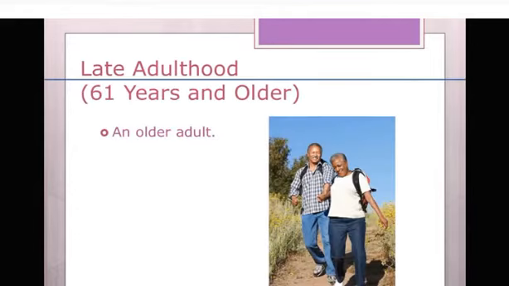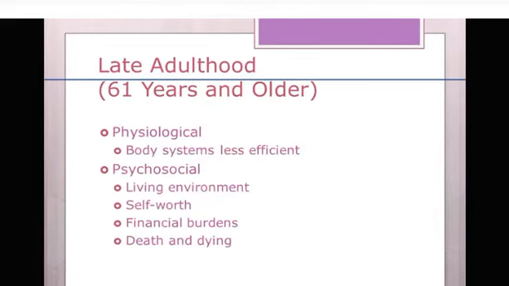These look like very young and healthy late adults. We're not all so blessed to be like this. Our body systems start to be less efficient. Our lungs don't expand quite like they used to. Our muscles are a little weak. Our discs in our spine are starting to shrink up just a little bit. We become a little shorter.